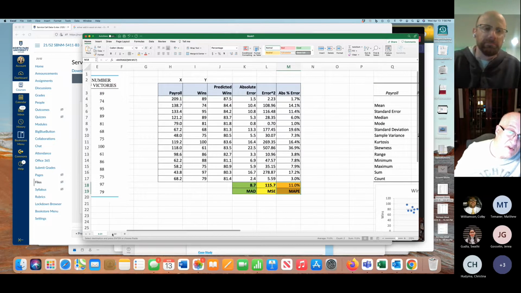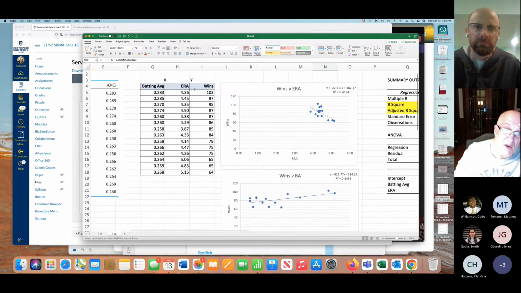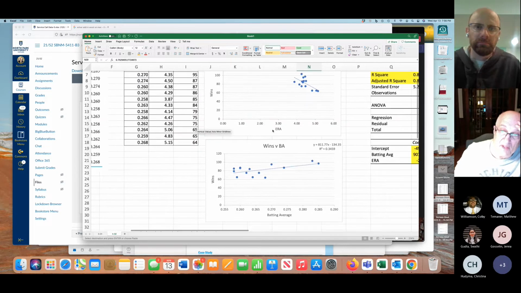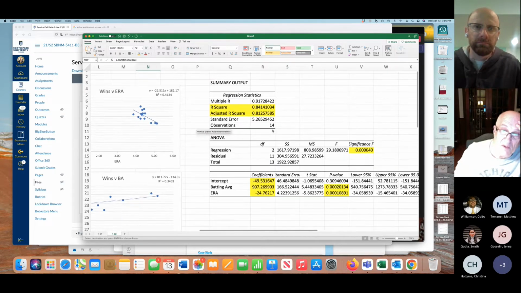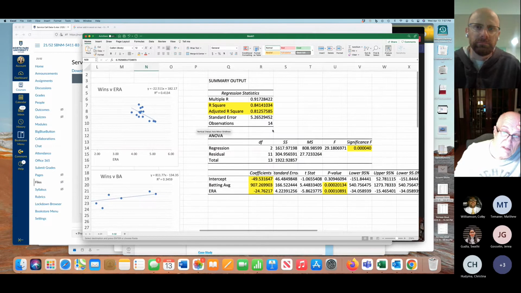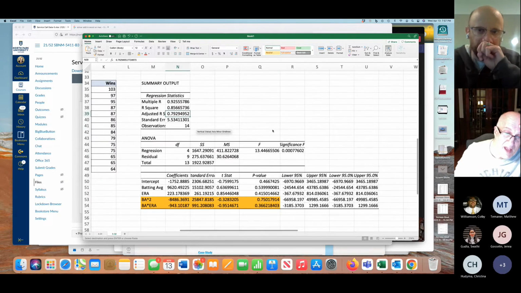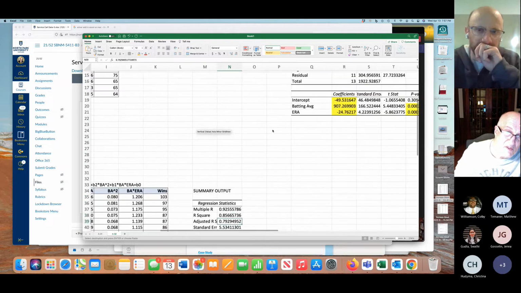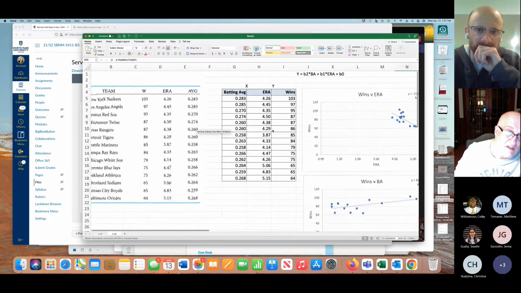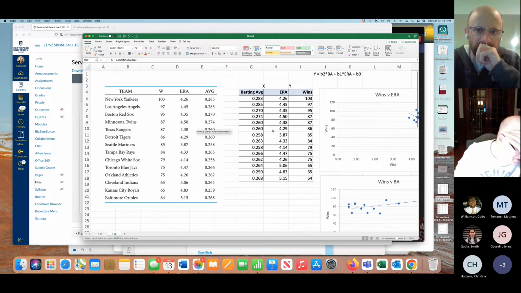But yet, when we used either ERA or batting average, by themselves they were good. When we put them together, it was really compelling. When we tried to use the square of that, it wasn't. So there's some madness to the method, right? You don't just try stuff. You try stuff because you think it might be predictive.